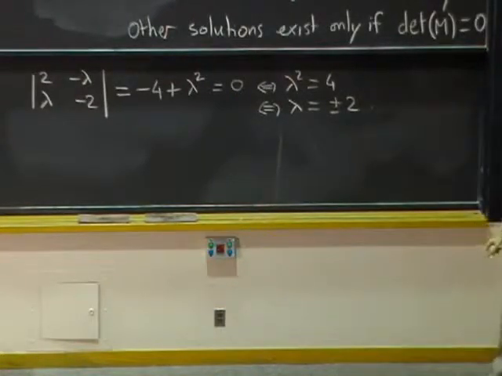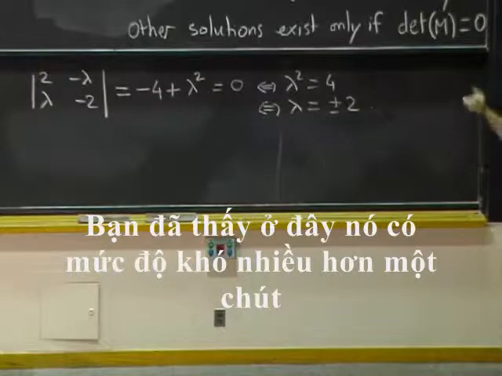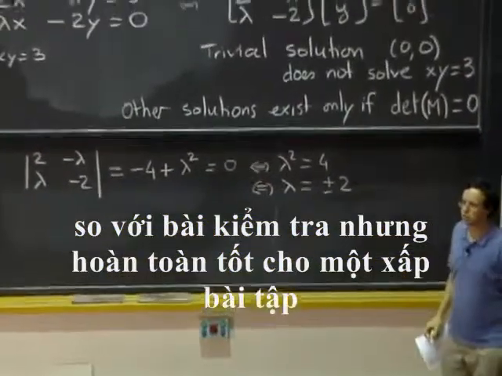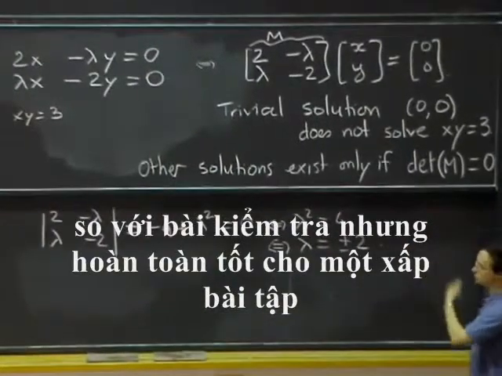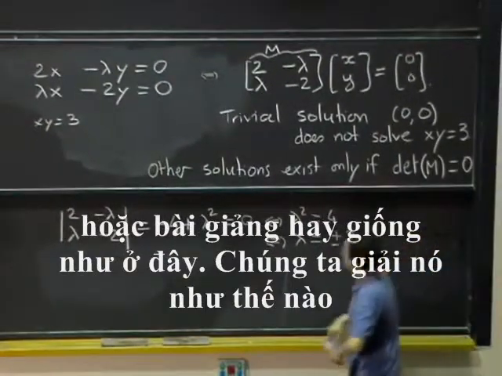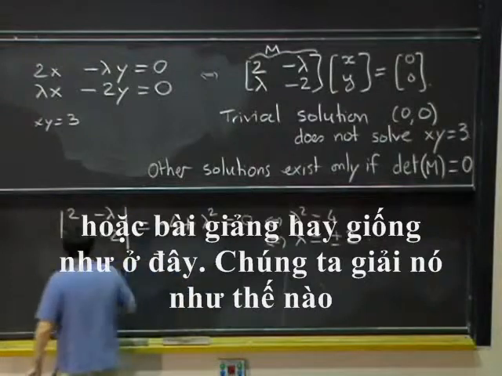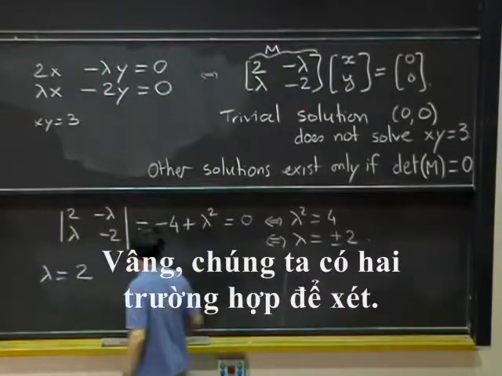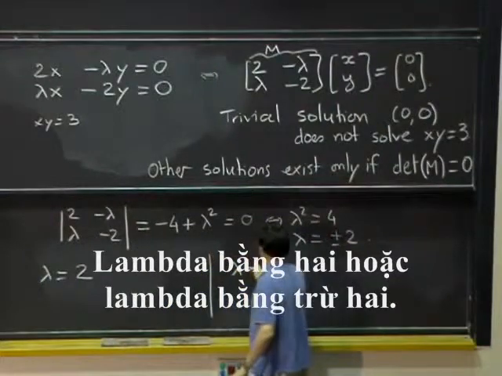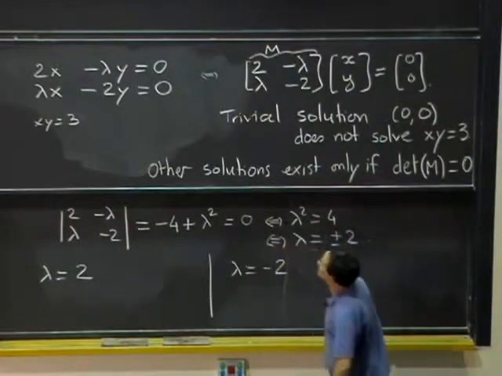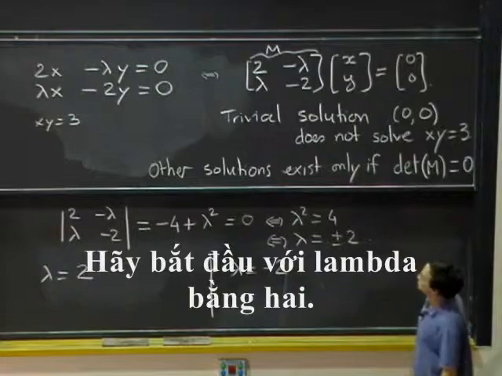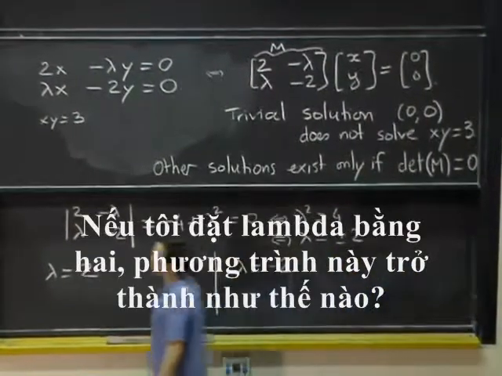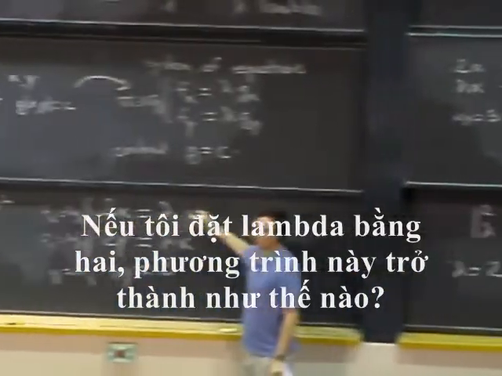Okay? So already you see here it's at a level of difficulty that's a little bit much for an exam, but perfectly fine for a problem set or for a beautiful lecture like this one. Okay? So we have two cases to look at, lambda equals 2 or lambda equals minus 2. Let's start with lambda equals 2. If I set lambda equals 2, what does this equation become?